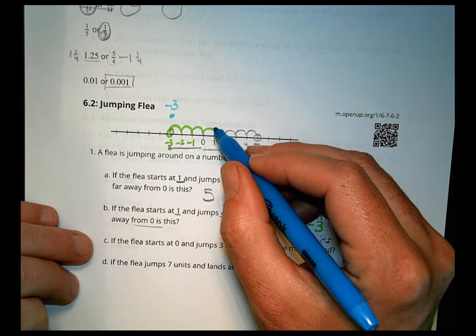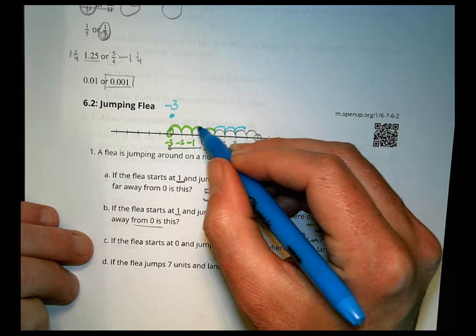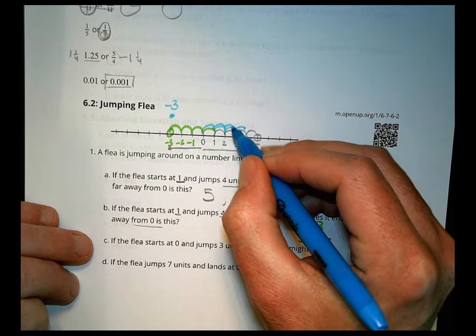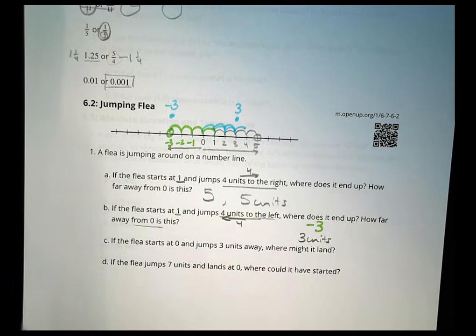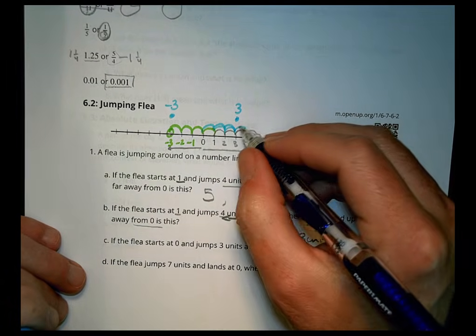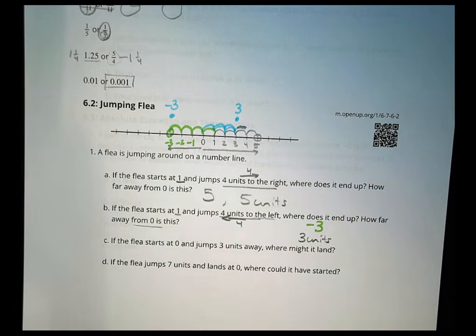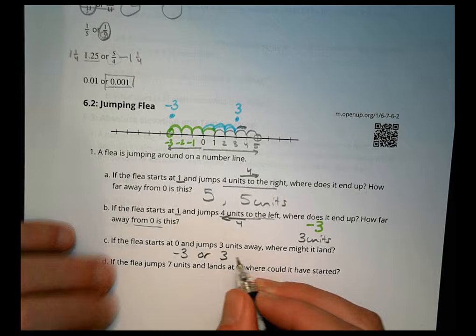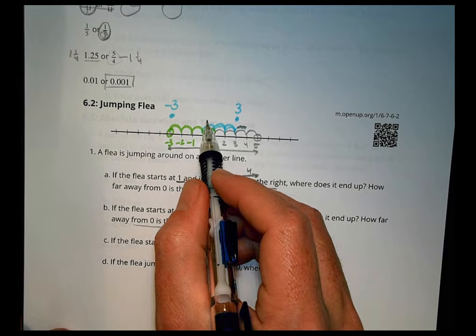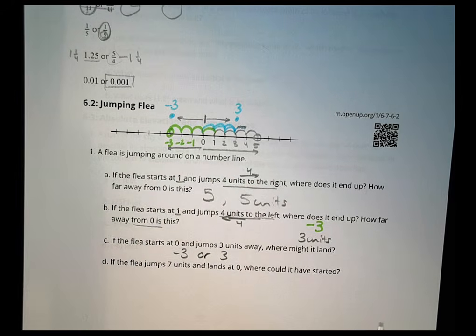If it went this way 3, it would go 1, 2, 3, and we'd be at this point, +3. Sorry, that's why I don't use pens all the time, right? So where might it land? It could land at -3 or +3, if it went from 0 and went 3 that way or 3 that way.